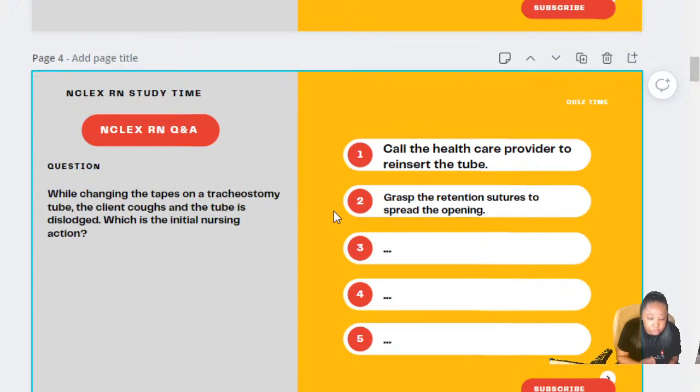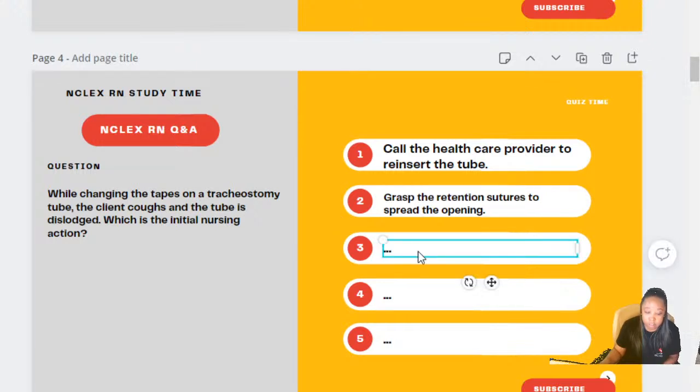By the time you call the doctor or respiratory or anyone, the opening might close, and it will be difficult to put the trach back if you don't maintain the opening and keep it from closing. That's the reason you have to do that. Okay, so that seems a good answer. So let's go to the other ones and see.